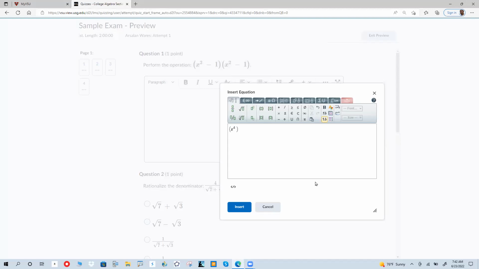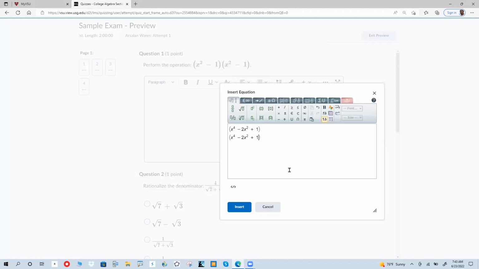And the next part will be negative 2x again to the power 2 this time, and then plus 1. Plus 1. Now I really don't need the parentheses here, right? So of course, if you wrote what I just wrote, you'll be totally fine.